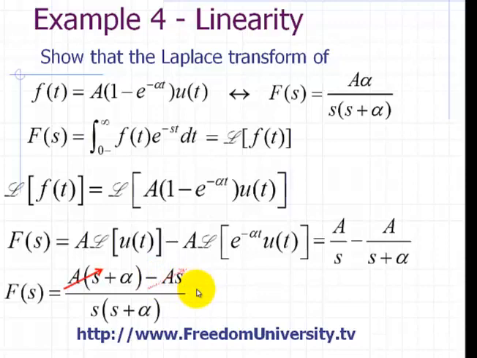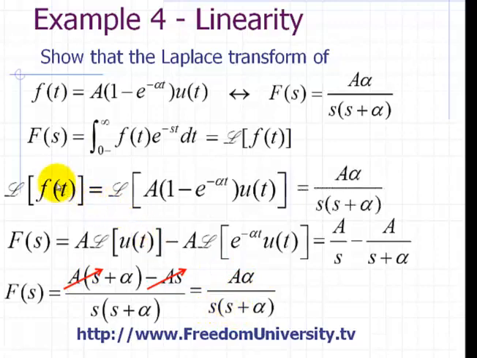And we see things will cancel. Here the s cancels, and we're left with alpha in the numerator multiplied by a, divided by s multiplied by the quantity s plus alpha. Therefore, the Laplace transformation of f of t is equal to a alpha divided by s times the quantity s plus alpha. And that's what we wanted to prove.